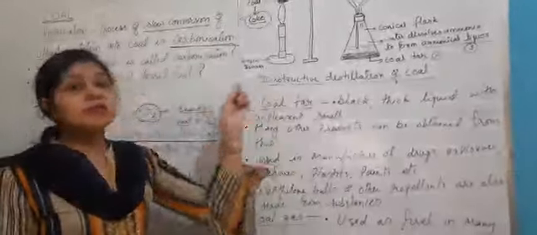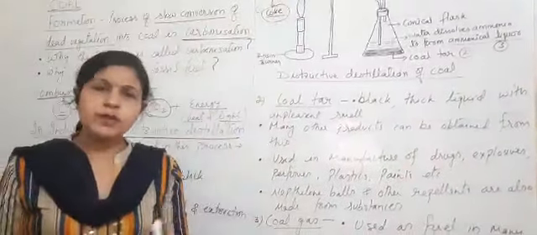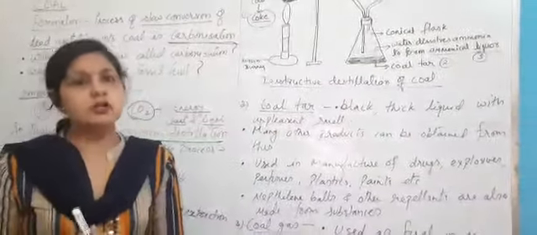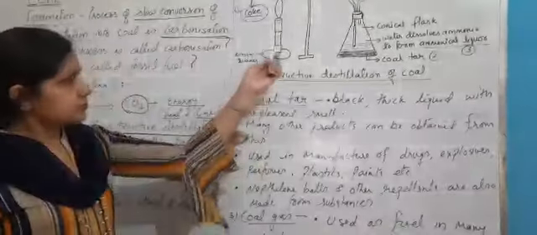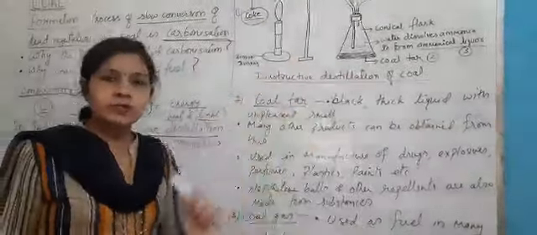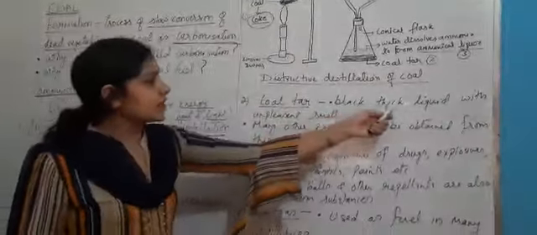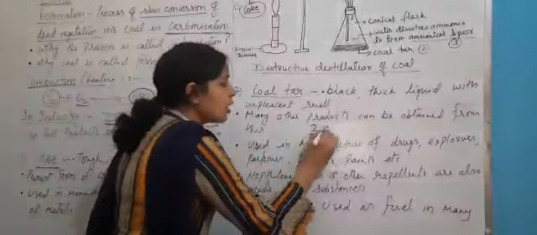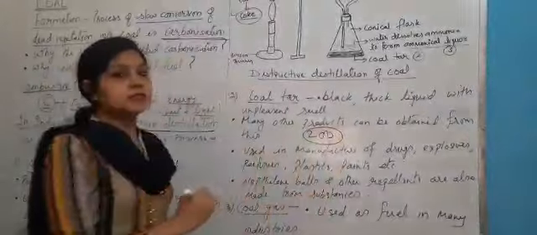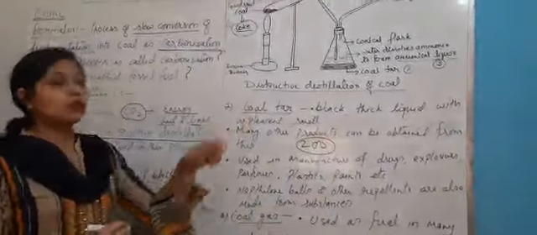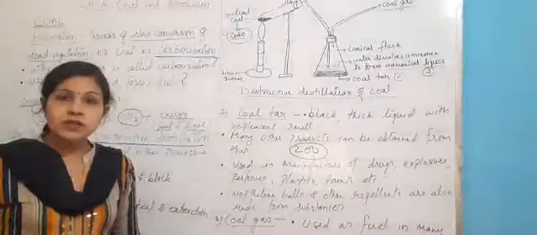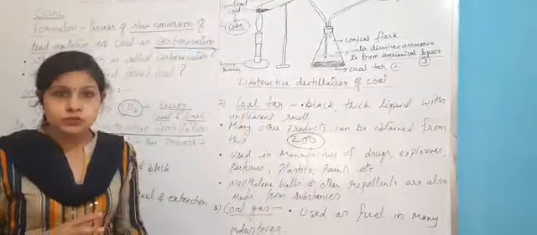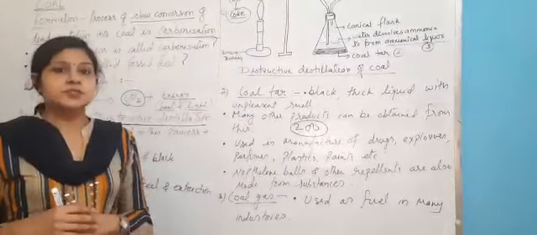Although we can obtain it from some other methods also, we also obtain coal tar by this destructive distillation. Around 200 substances are present in this coal tar, which we further purify and use for making other substances.